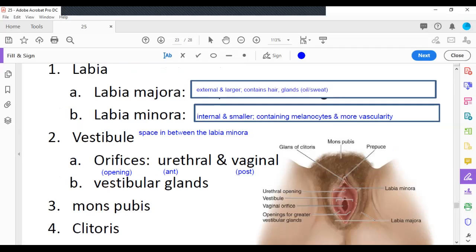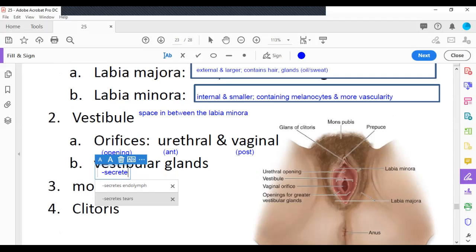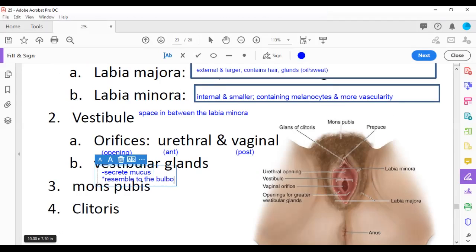Within this space we also have the vestibular glands, which secrete mucus. These glands resemble the bulbourethral glands of the male.